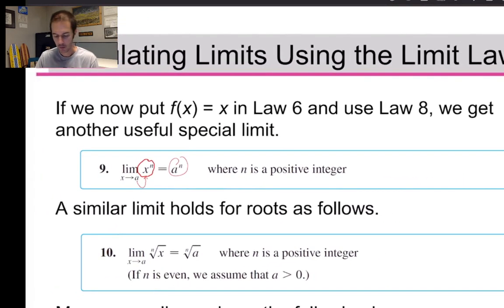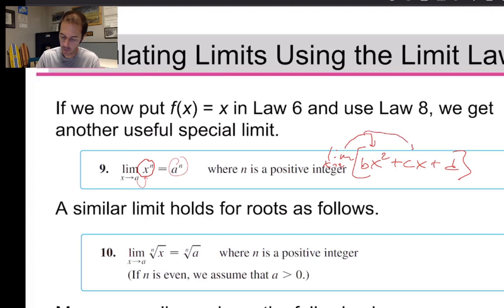So you start taking all these properties and you put them together, and all of a sudden, let's say bx squared plus cx plus d, if you took the limit of that entire statement where x is approaching a, you can distribute the limit over addition, so it would come in here, and the limit would come out to here, and the limit would come out to here.